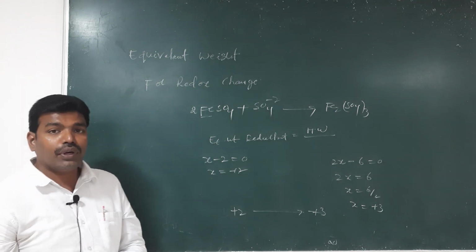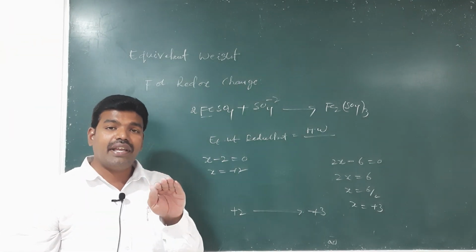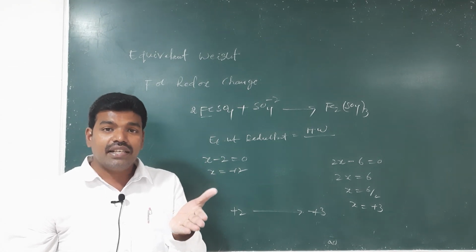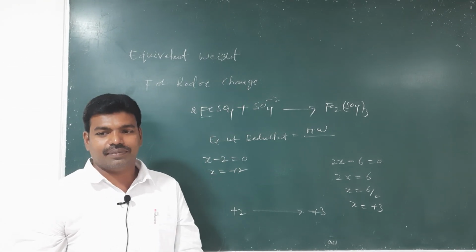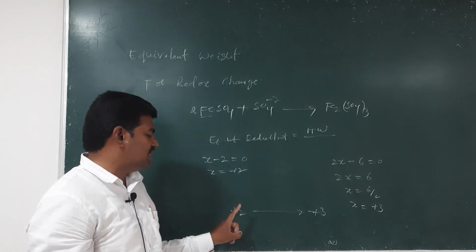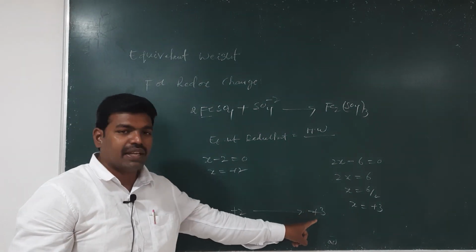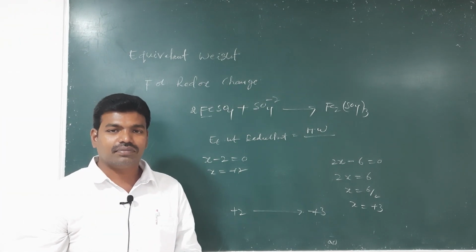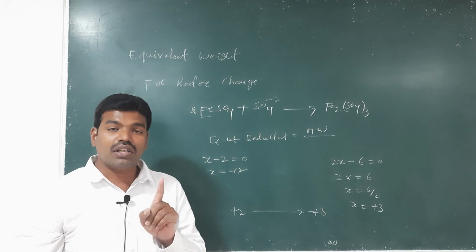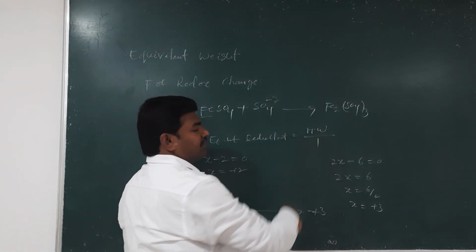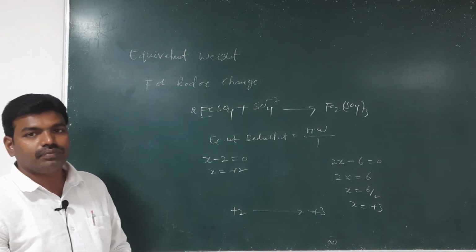Already I told you a reducing agent itself loses electrons. So we can write 1 electron for 1 mole.